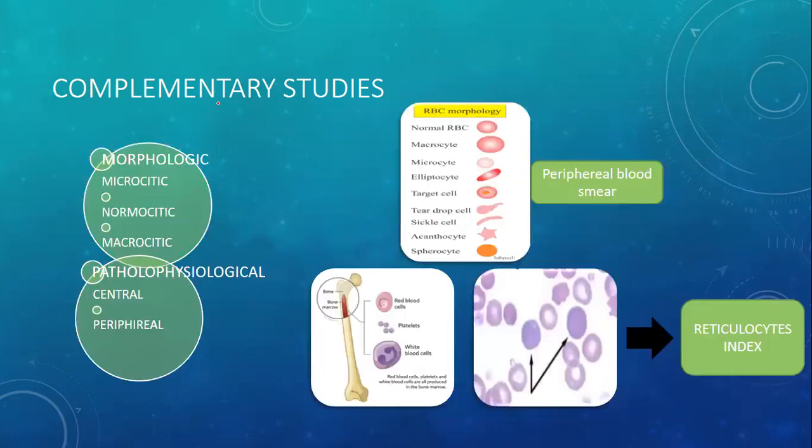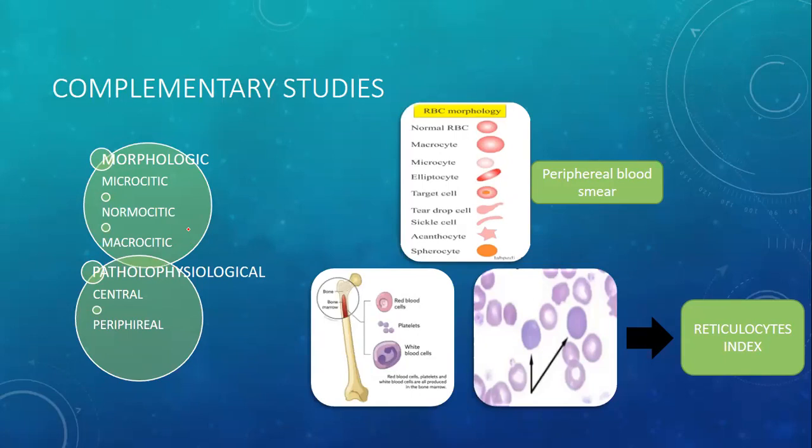So here we have the morphologic classification. We already talked about the microcytic, lower than 80, normocytic between 80 and 100, and macrocytic higher than 100, right? It is actually a standard value from 83 to 100.